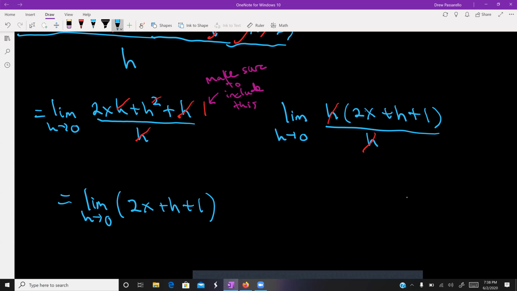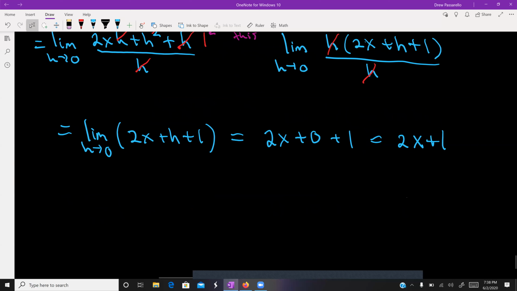If I plug in 0, you'll get 2x plus 0 plus 1, which will be 2x plus 1. So notice I still have x involved, so I have a function, and this function is a line. So the derivative is 2x plus 1. All right, again, it's a function.